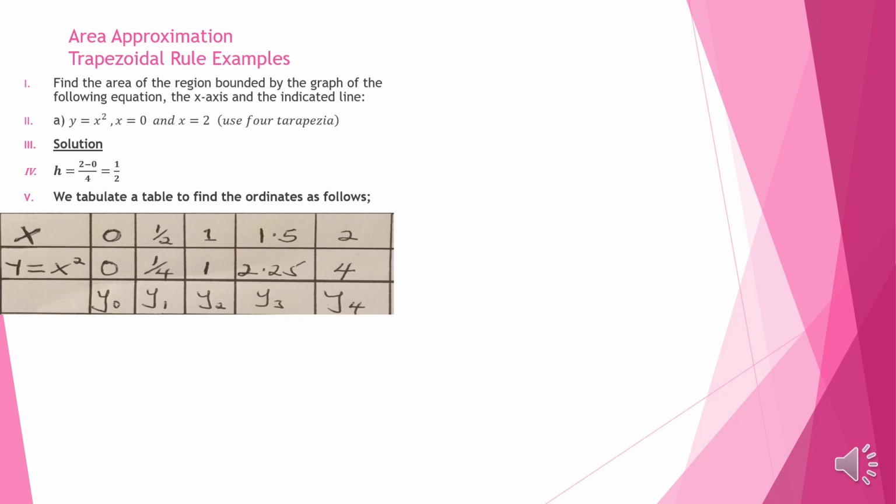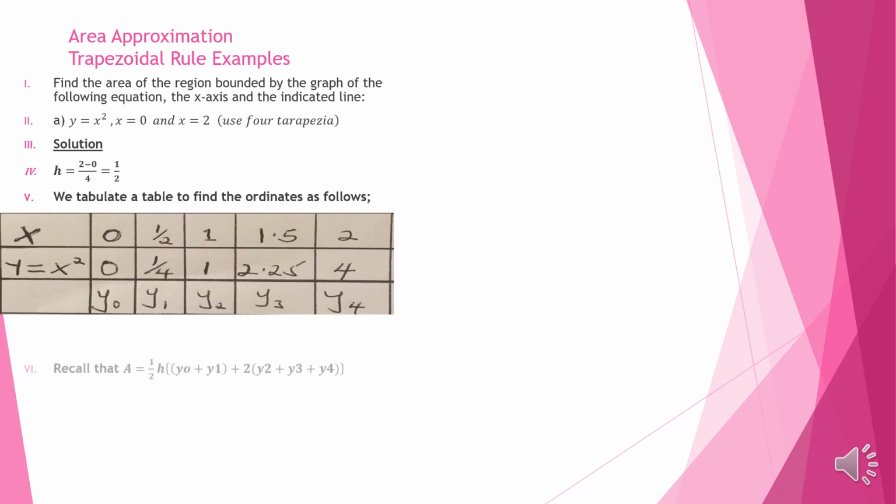So we substitute the values of x and get the values of y. The first y is 0, the second is a quarter, the third is 1, the fourth is 2.25, and the last y is 4. We can name these y0, y1 which is a quarter, y2 which is 1, y3 being 2.25, and y4 being 4.